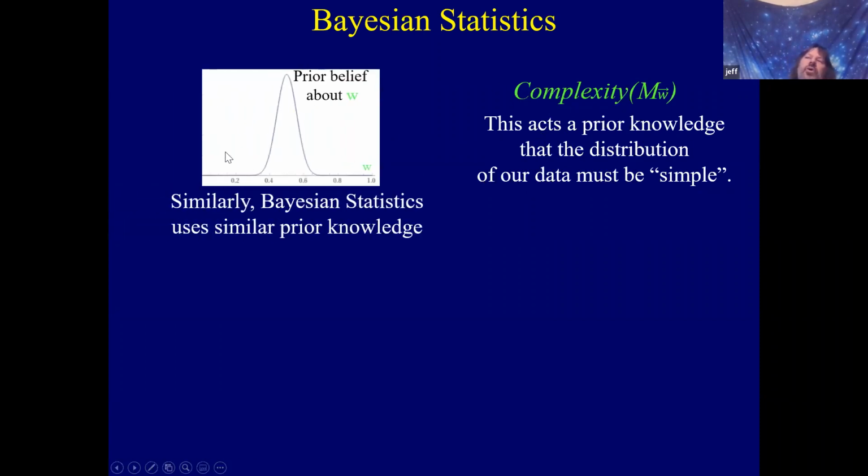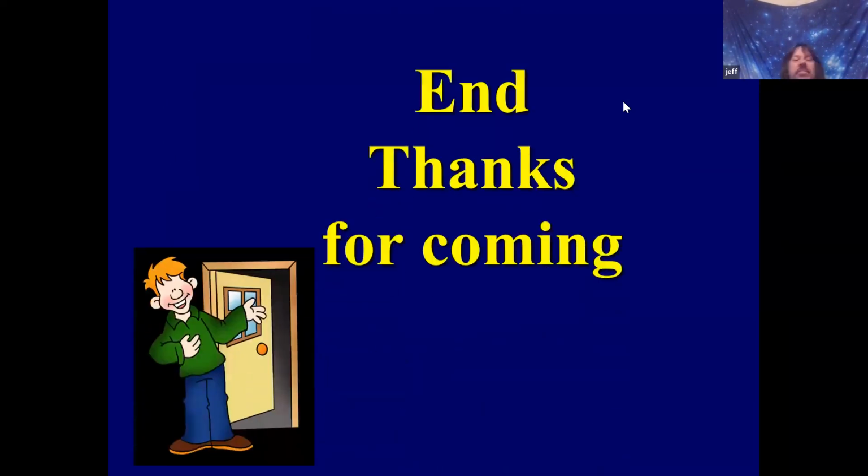And in the Bayes rule, our prior is that our W is simple. And it turns out that these two definitions, if you crank out the math, completely become the same. So if you do Bayesian statistics where you have a prior belief about the world, it will manifest as regularizing your data. And that's all I have to say on this topic.